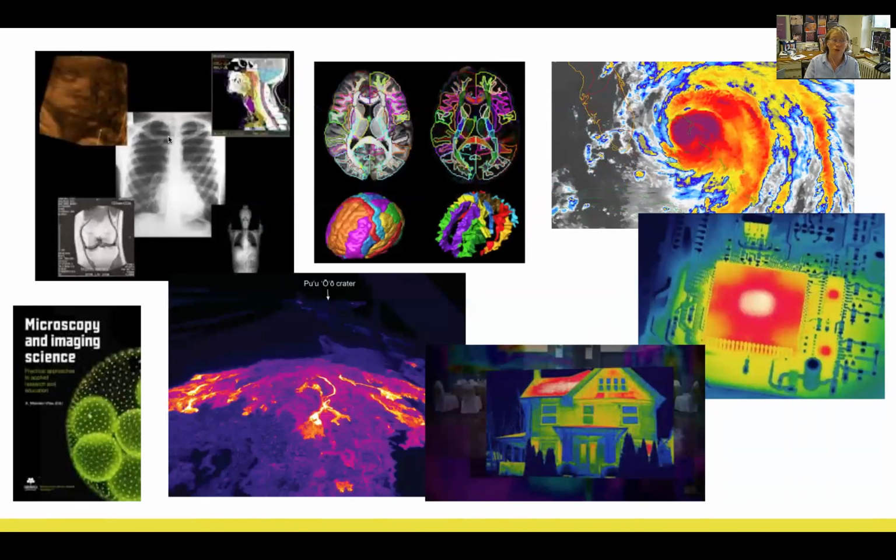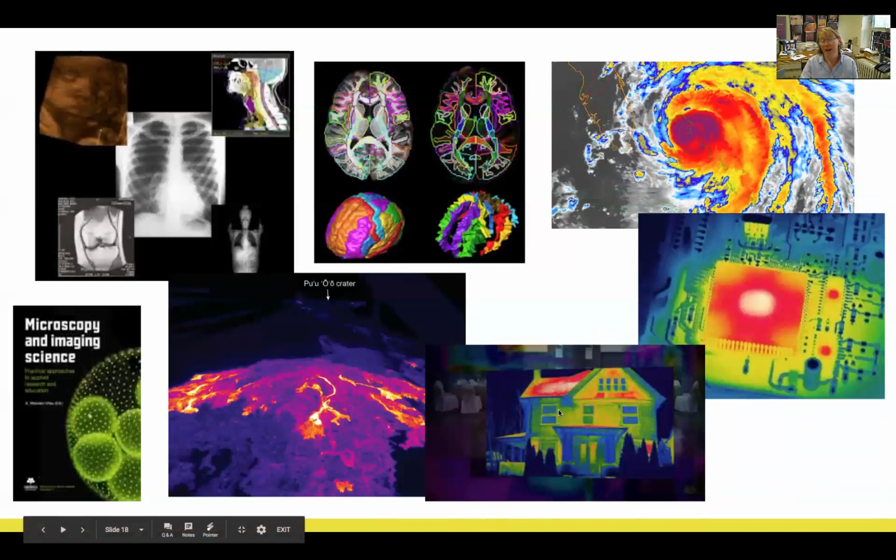Whether you're interested in medical imaging, there's a lot of the same enhancement of images from MRIs or X-rays or CAT scans. If you're a biologist, enhancing microscope images is a part of work in biology.